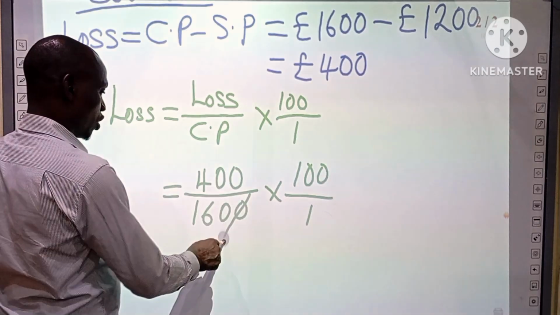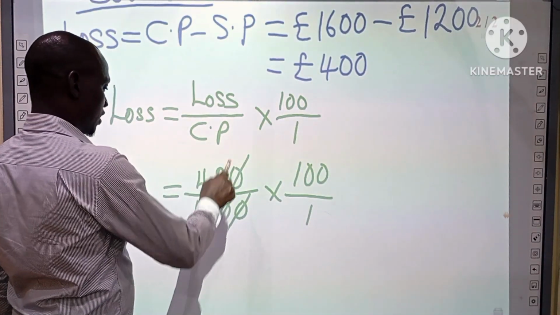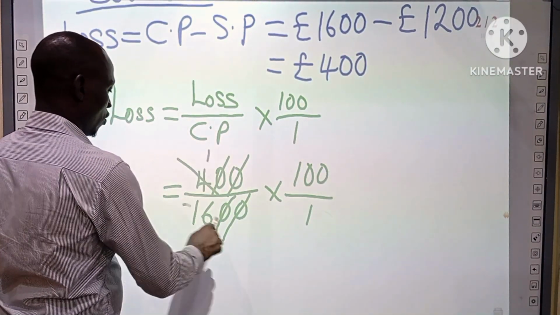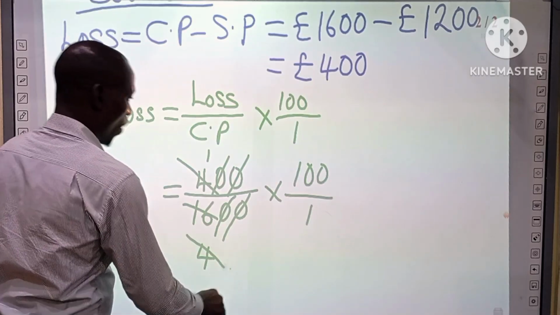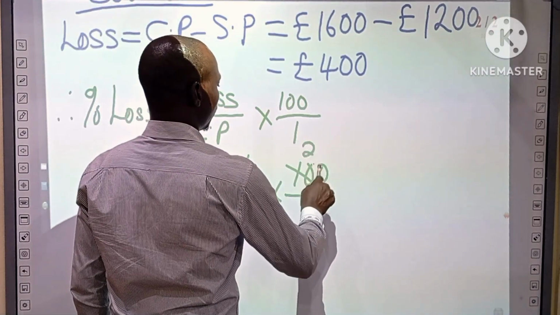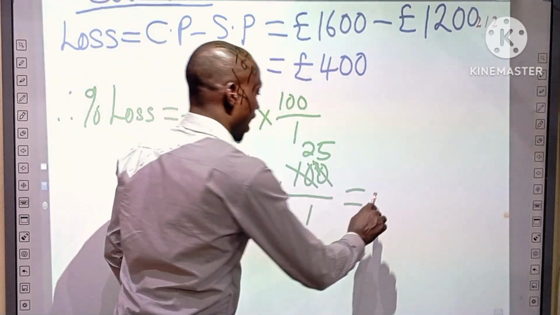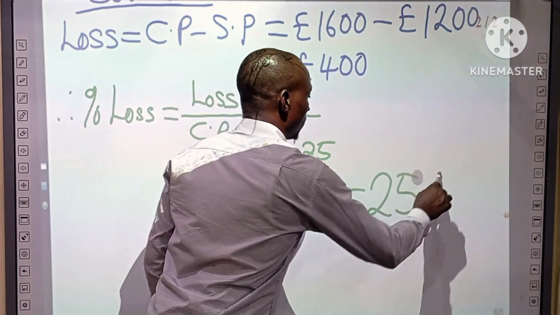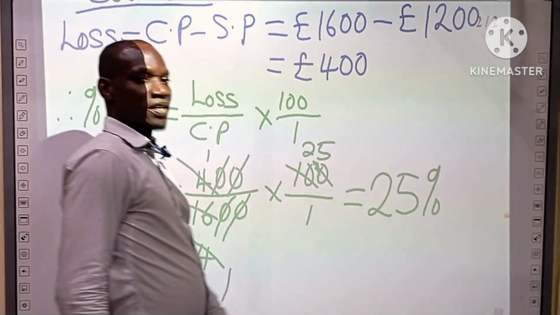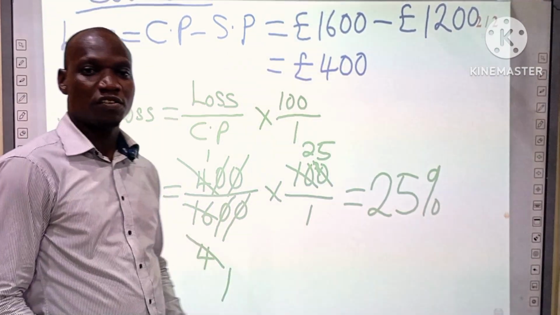Now with this, we can cancel off. This takes this off, this takes this off. 4 here, 4 here is 4. 4 here, 4 here is 2 remaining 2. 4 in 20 is 5. And this gives us another 25% loss. So the percentage loss is simply 25.